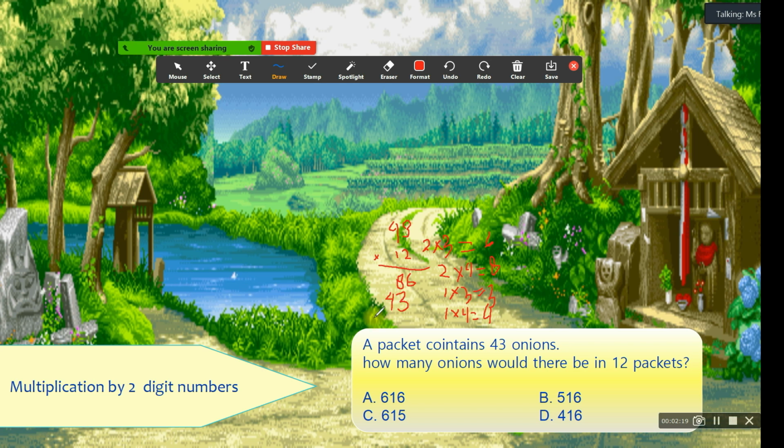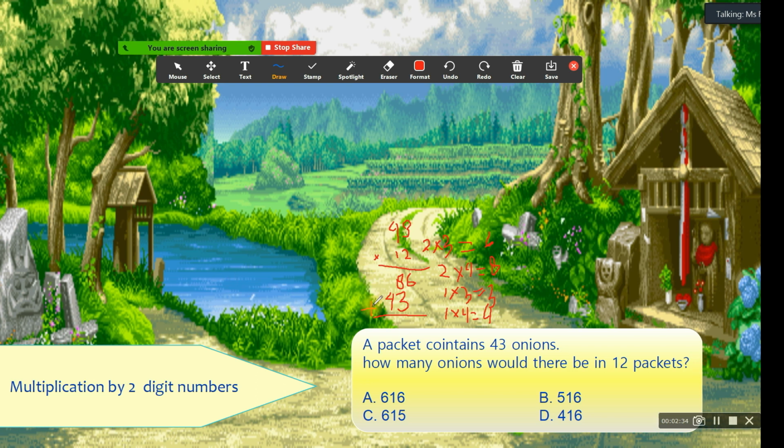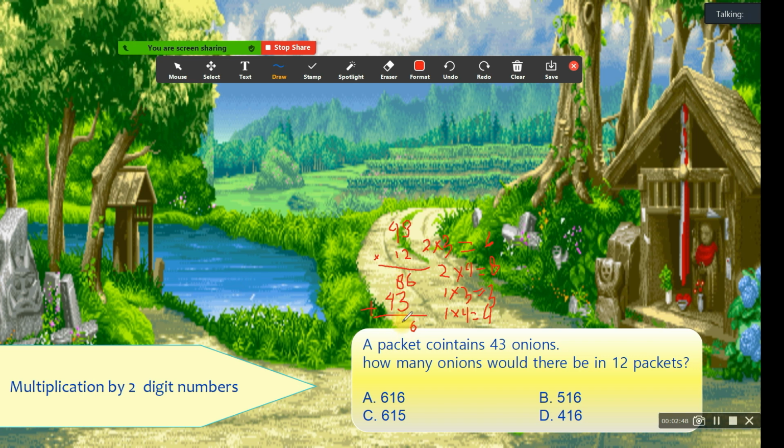After this, we can add, because multiplication is repeated addition. 6 plus 0 becomes 6, and then 8 plus 3 becomes 11.